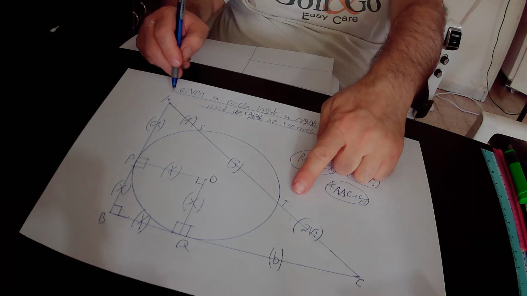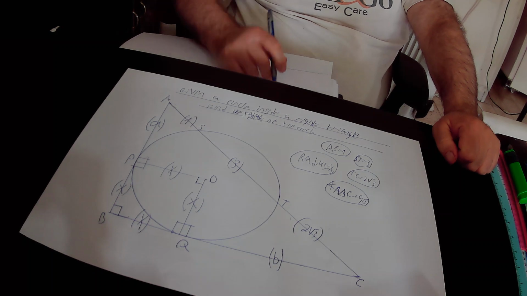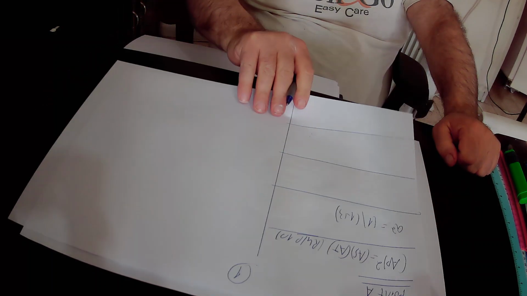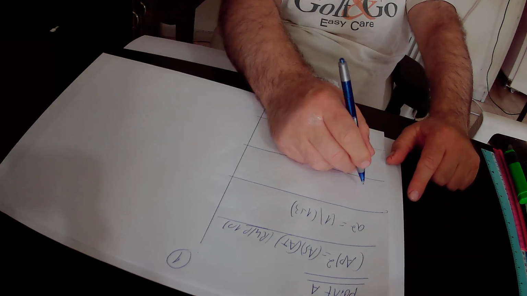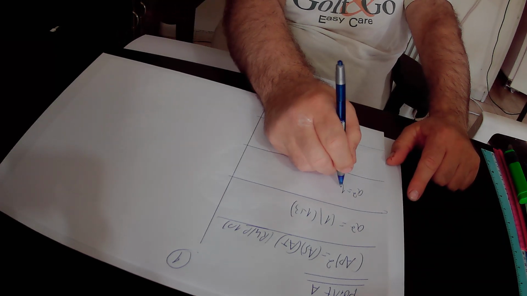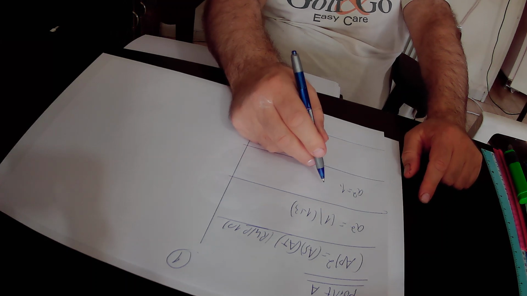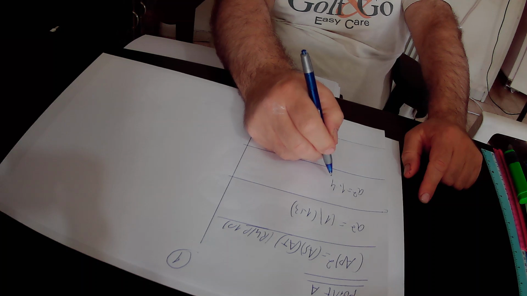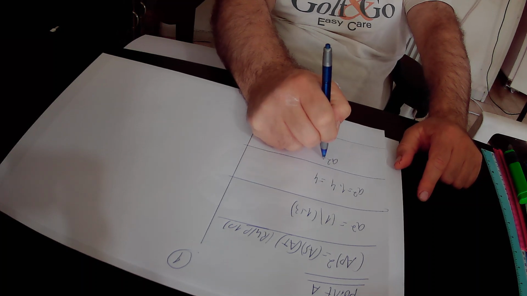AT in total equals 1 plus 3. In conclusion, A square equals 1 times (1 plus 3), which is 1 times 4, that is 4. A square equals 4.